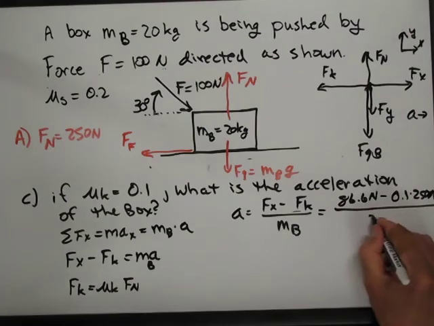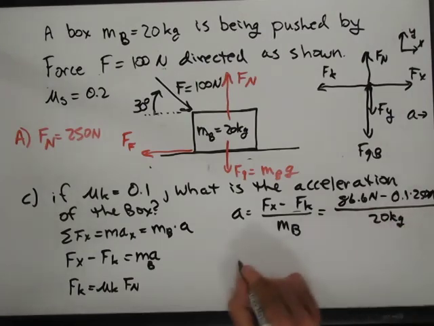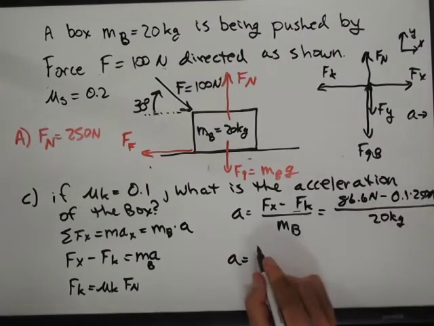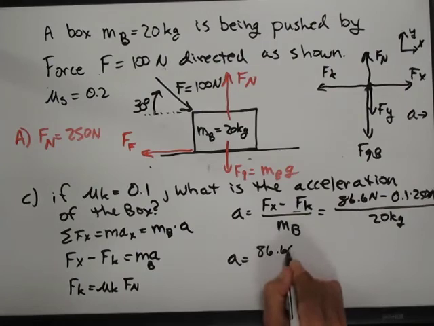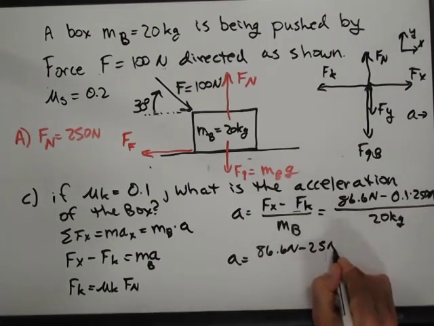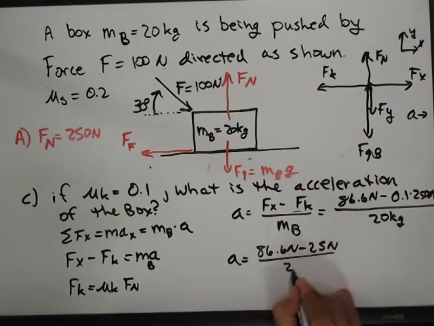all over 20 kilograms. It says a is equal to, so this is a little messy, so let me rewrite it. It's 86.6 newtons minus 0.1 times 250, which is 25 newtons, over 20 kilograms.